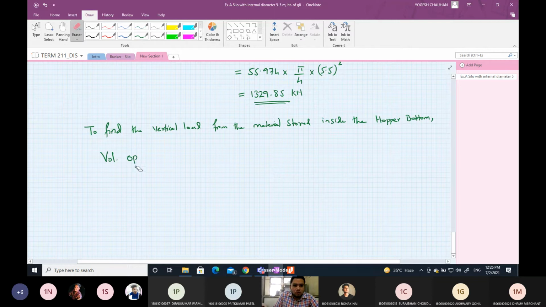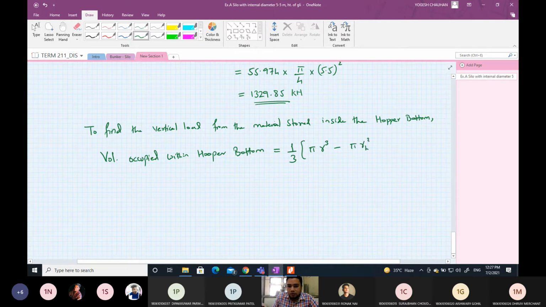So the volume occupied within the hopper bottom will be 1 by 3 times pi r cube minus pi r opening, let us say r opening cube.